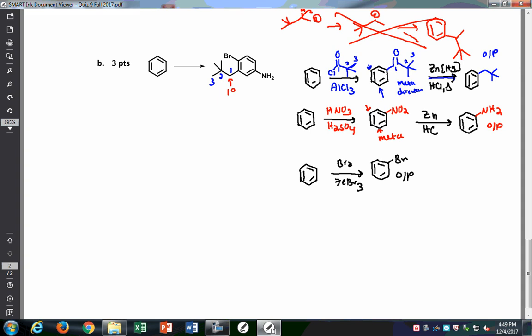Because otherwise, the only other option is adding the bromine first, using a blocking group, then doing the acylation, and then adding the NO2 after you remove the blocking group. And technically that probably would work, but it's a lot of steps. What you can do instead is you can do the acylation first.